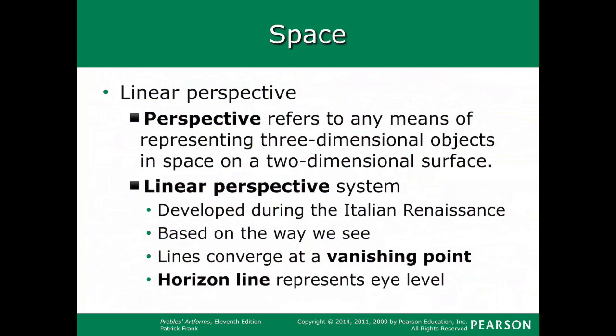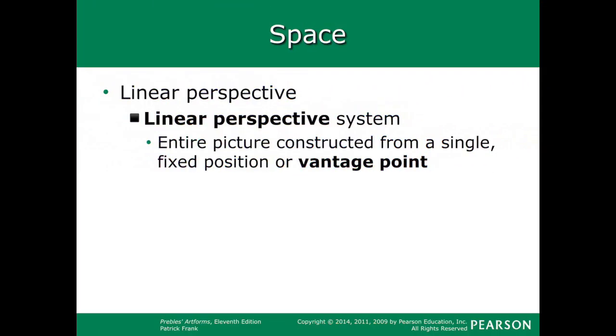So think horizon when it comes to this idea here. And usually painters and artists during the Renaissance can imagine that horizon line and make these lines go towards that.